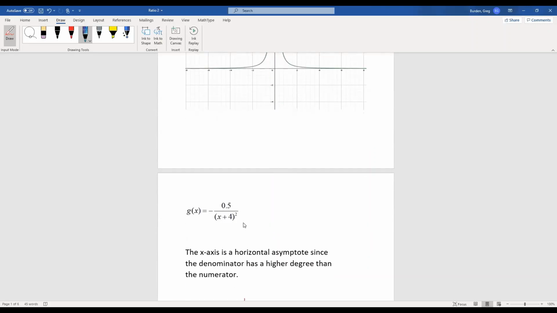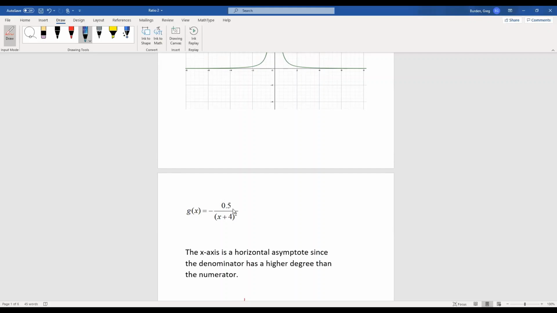You can generalize that statement: whenever the degree of the denominator is bigger than the degree of the numerator, we're going to have similar behavior, so that the overall value of the function, the y value, is going to tend towards 0. So you're going to have y equals 0 as a horizontal asymptote. So the x-axis is always a horizontal asymptote if the denominator has a higher degree than the numerator.